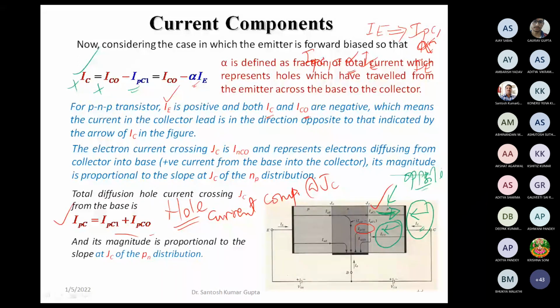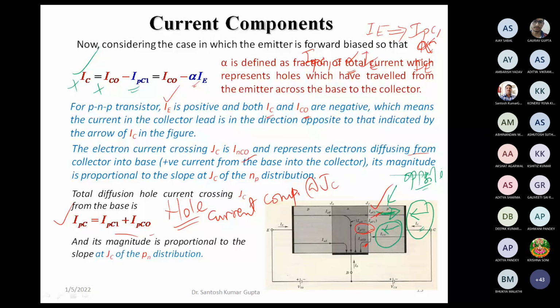So we can see that there are three components of current crossing the collector junction. One is IPC1, another is IPCO, and another is INCO. INCO represents electrons diffusing from the collector to the base, and holes crossing the junction.